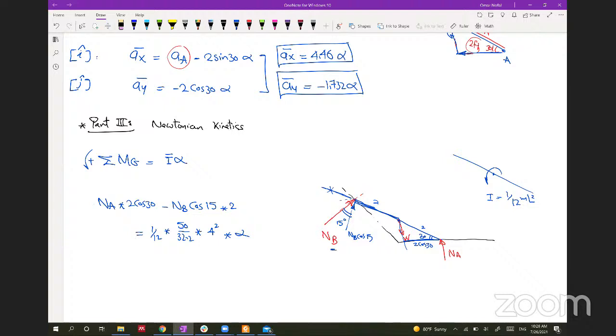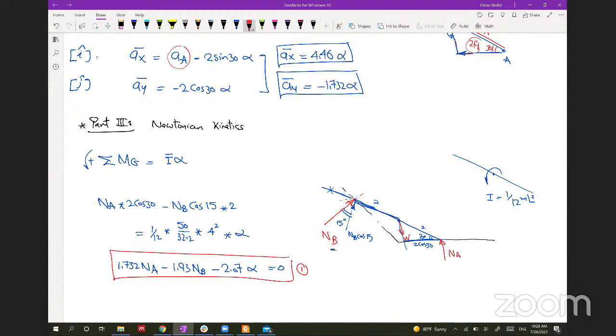After you do these multiplications, it will be 1.732 NA minus 1.93 NB. And let's get the alpha. It will be negative when we move it to the other side, negative 2.07 alpha. All of this will be equal to 0. And this is our first equation.